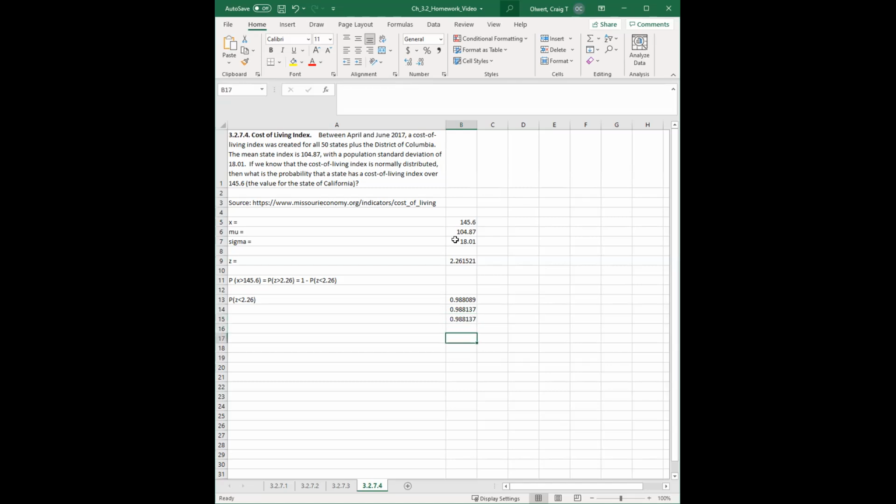To get the final answer, calculate equals 1 minus, and then click on the cell with the area to the left to get 0.0119. So the answer to the problem: the probability we randomly chose a state with a cost of living index over 145.6 is 1.2%. That is the answer to 3.2.7.4.